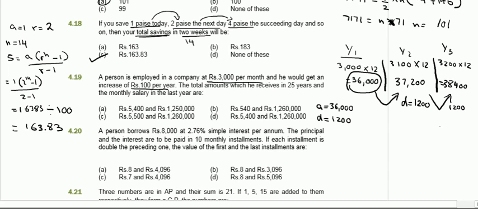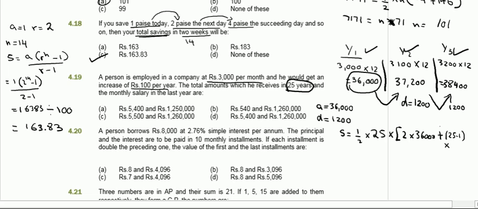We have to calculate the total salary, or the total amount he will receive in all 25 years. So actually we have to calculate the sum of year 1 salary plus year 2 salary plus year 3 salary and so on till year number 25. So our sum S is equal to half into N, which is 25 years, into (2A, where A is 36,000, plus (N minus 1), which is 25 minus 1, into D).